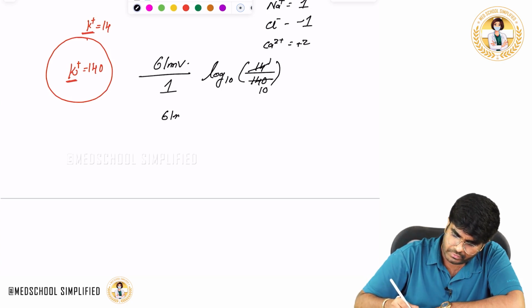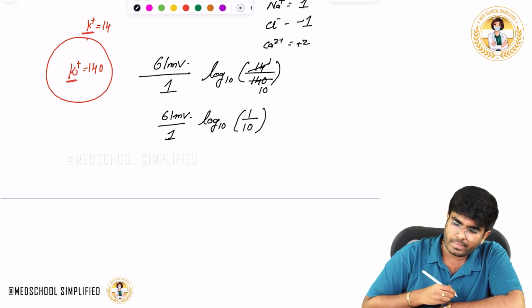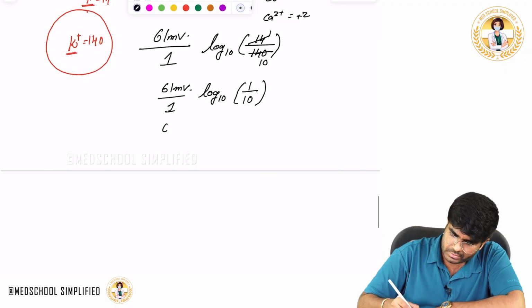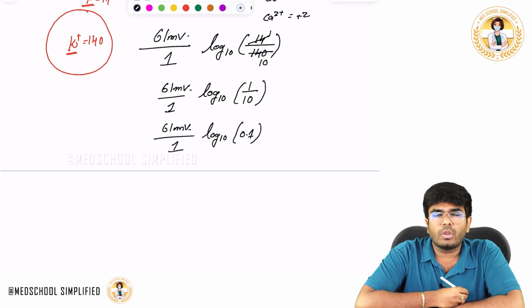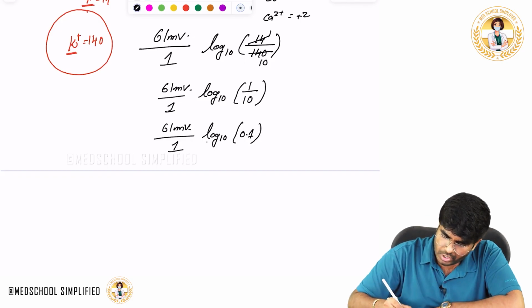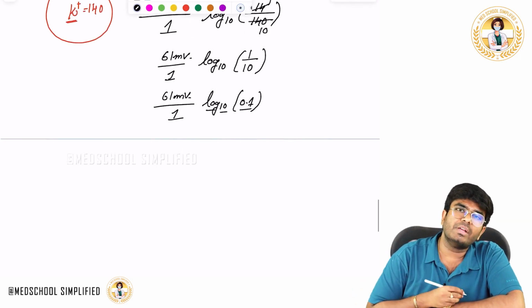So 61 millivolts by 1, log base 10 of 1 by 10, which means 0.1. So log 0.1 base 10, how much? What will be the value?